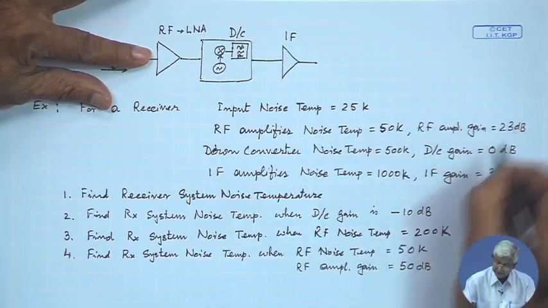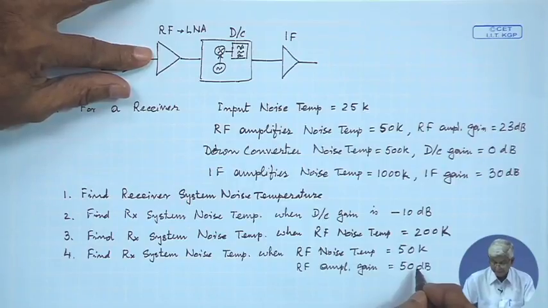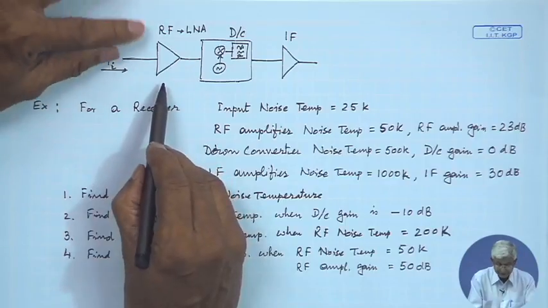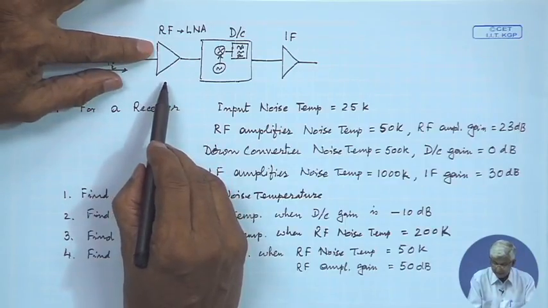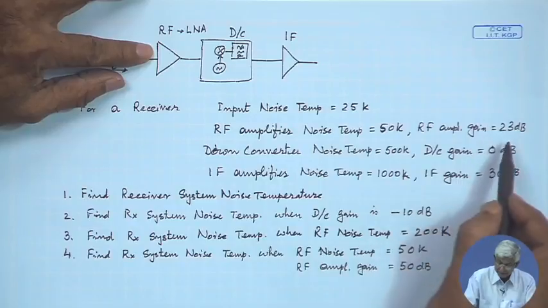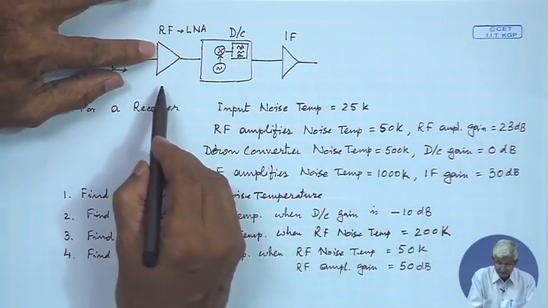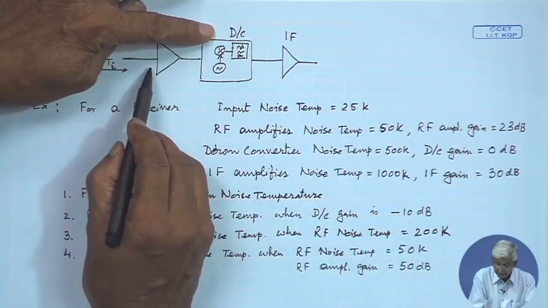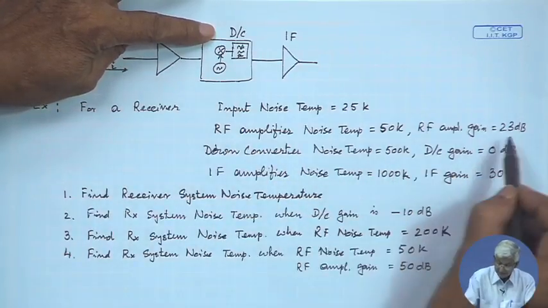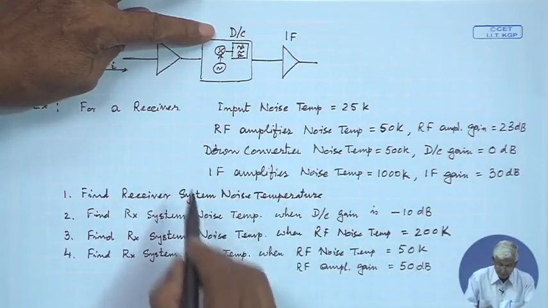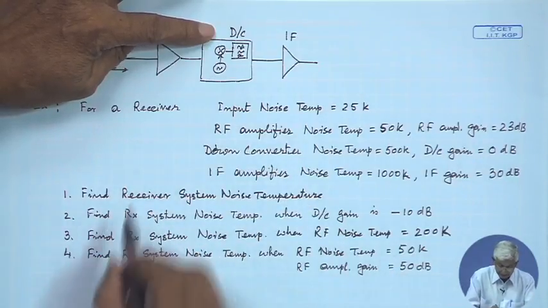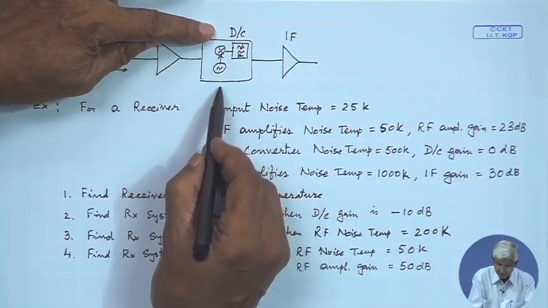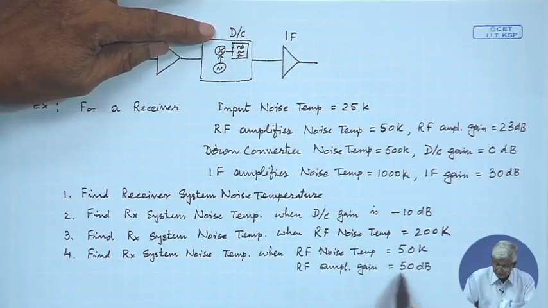Earlier it was 23 dB, I increase it to 50 dB. Then what is the effect? Obviously, the first stage effective noise temperature we maintained at the same value, 50 K. The second stage was reduced by the gain value of 23 dB initially in the first problem, and in the last problem the first stage gain is increased. So, this noise temperature will be reduced by this much gain.